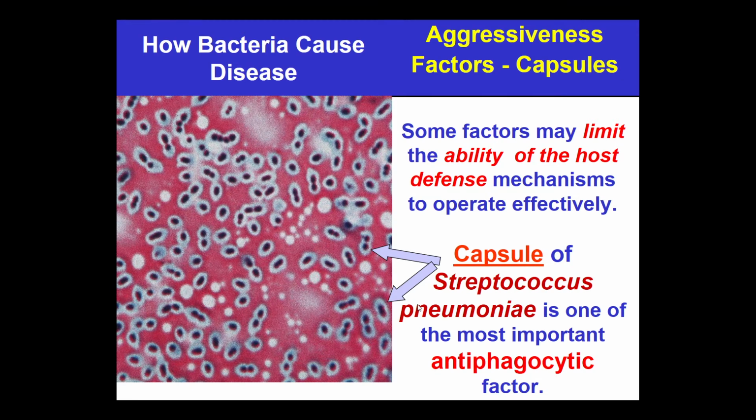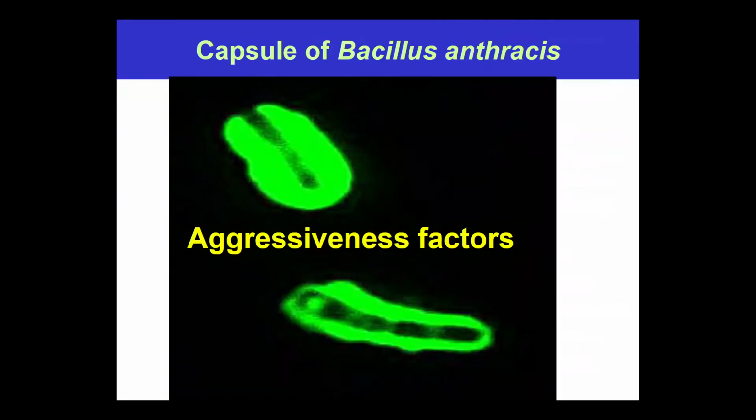The capsule of Streptococcus pneumoniae is one of the most important antiphagocytotic factors. The polysaccharide capsule is shown white, seen against a green and pink background with some dark round cells inside. This capsule is a powerful antiphagocytotic factor.